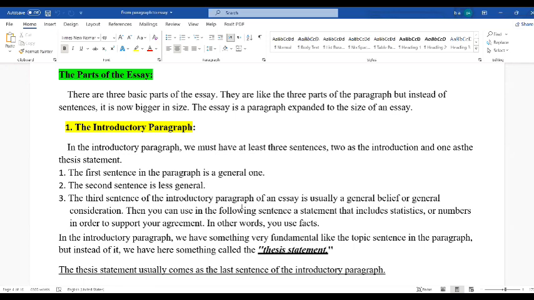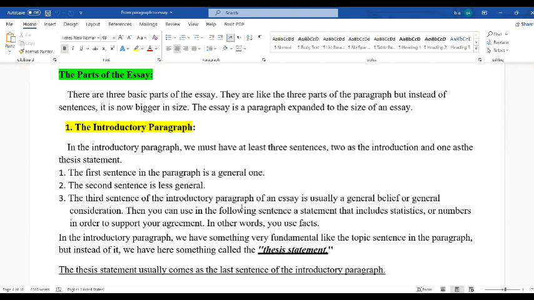For example, if I want to talk about causes of traveling or why people travel abroad, I don't immediately go to a direct thesis statement. No, in the beginning I need to start with an introduction, talking in general about, for example, travel.